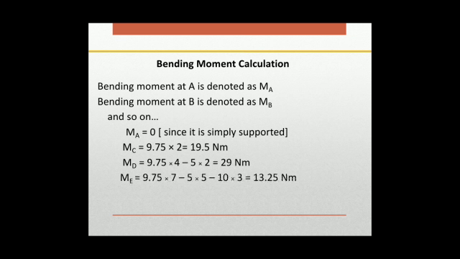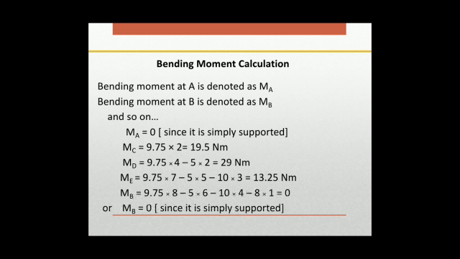Bending moment at E is equal to 9.75 into perpendicular distance 7 minus downward force 5 into perpendicular distance 5 minus downward force 10 into perpendicular distance 3, which is equal to 13.25 Newton meter.